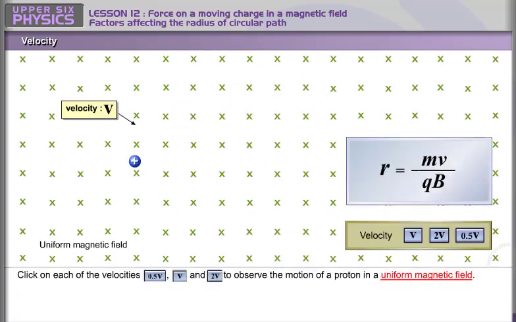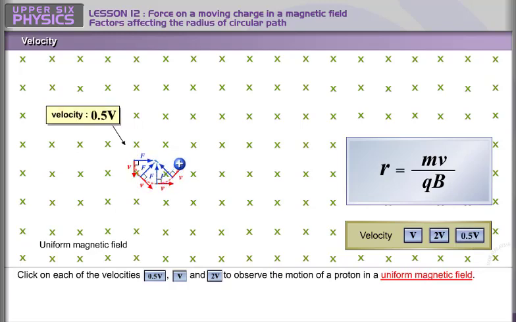Click on each of the velocities, the 0.5v button, the v button, and the 2v button, to observe the motion of a proton in a uniform magnetic field.